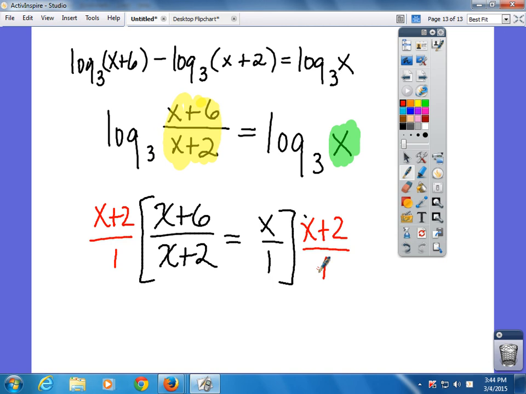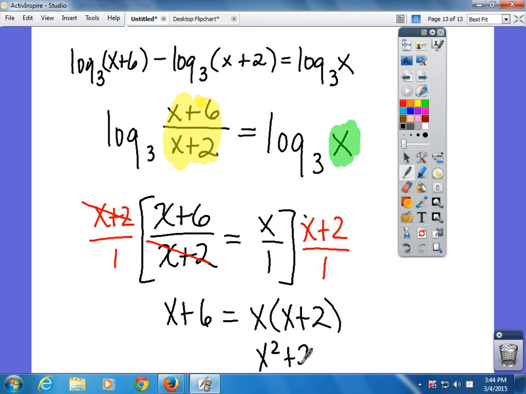And what happens to the x plus 2? And you have x plus 6 is equal to x times x plus 2. And what do you do over there? x squared plus 2x is equal to x plus 6.